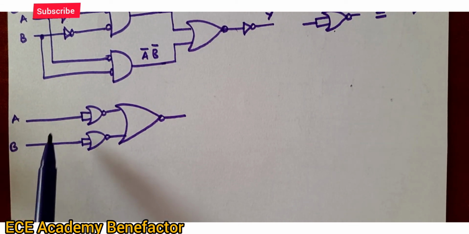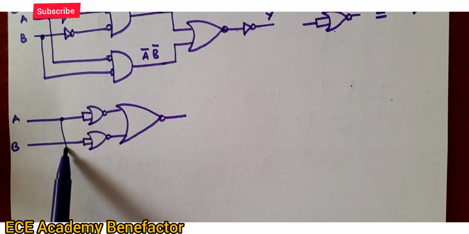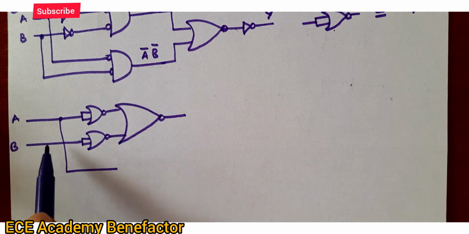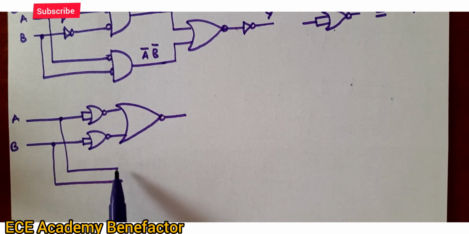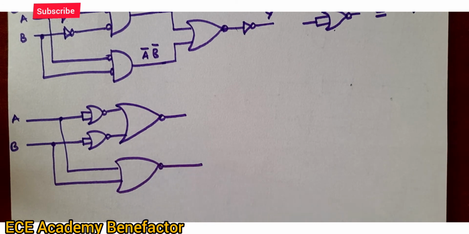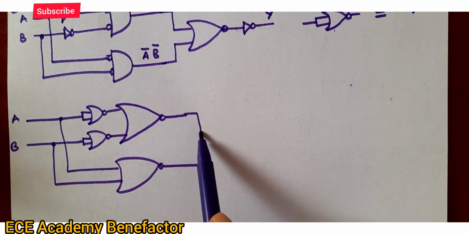Okay. So here we are taking A, replace this bubbled AND gate by a NOR gate, like this, and then give it to a NOR gate.